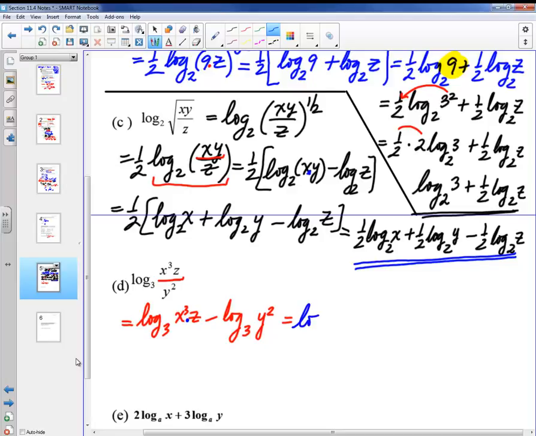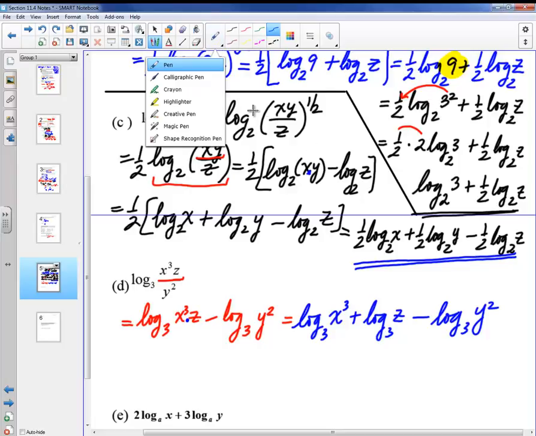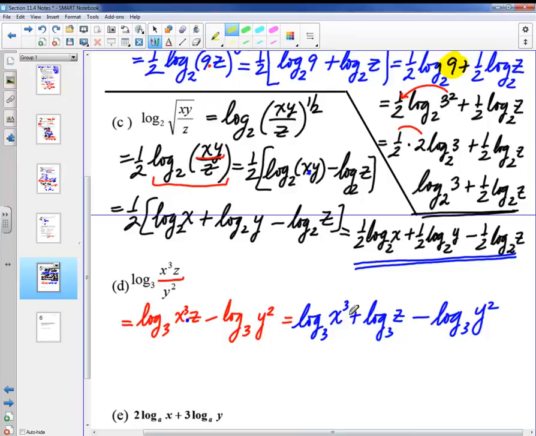So I have log base 3 of x cubed plus log base 3 of z minus log base 3 of y squared. And then now all I have to do is take care of the exponents, the powers here, the cube and the 2, and those become coefficients.